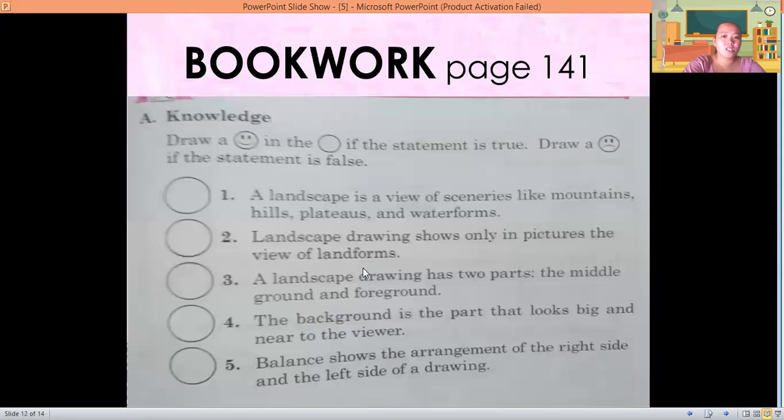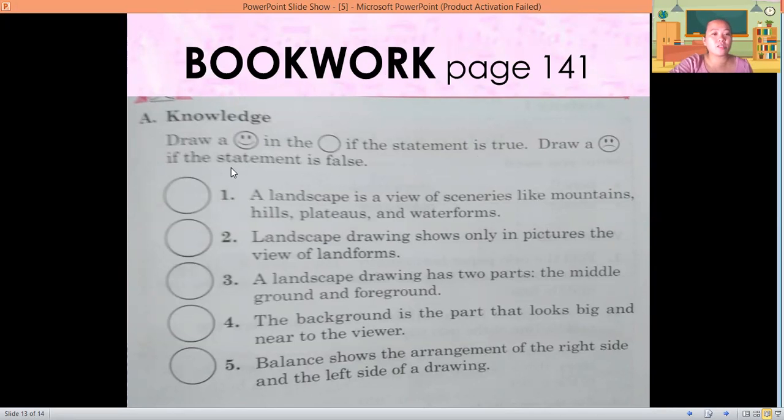Okay? So please get your MAPE book again and open it on page 141. Okay, let me read the instruction. It says here, draw a smiley face in the circle if the statement is true, and draw a sad face if the statement is false.